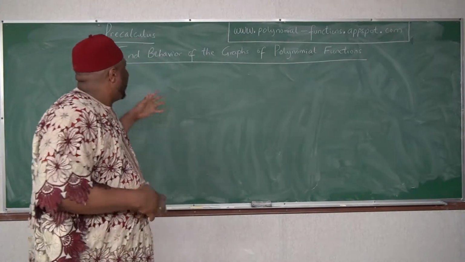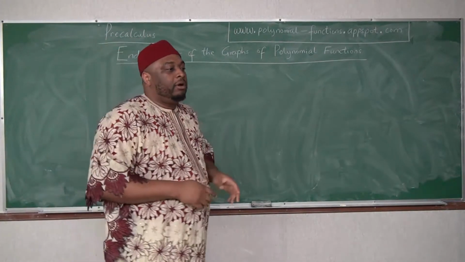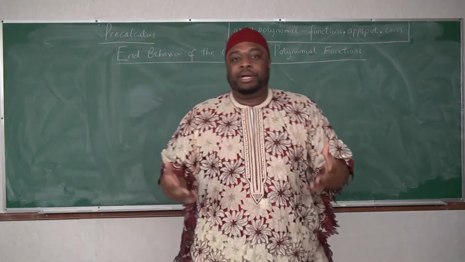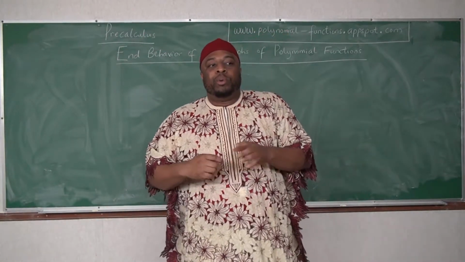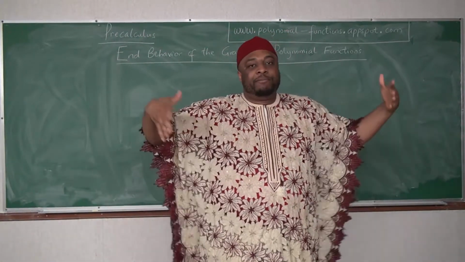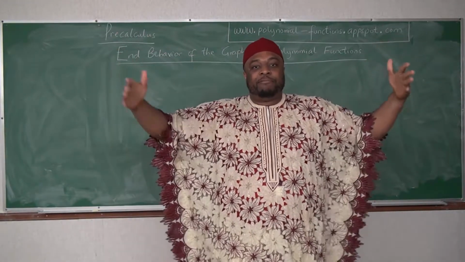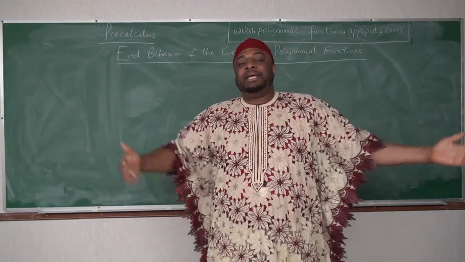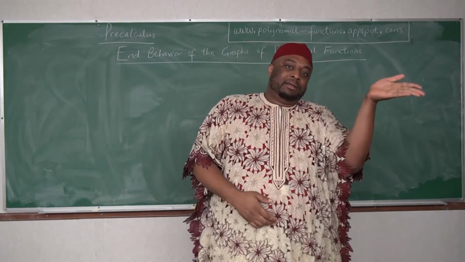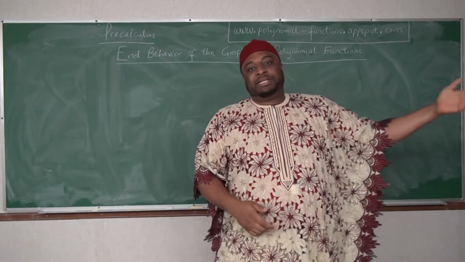When we talk of end behavior of a graph of a polynomial function, we are looking at how the graph behaves at the ends. Is it rising or is it falling?